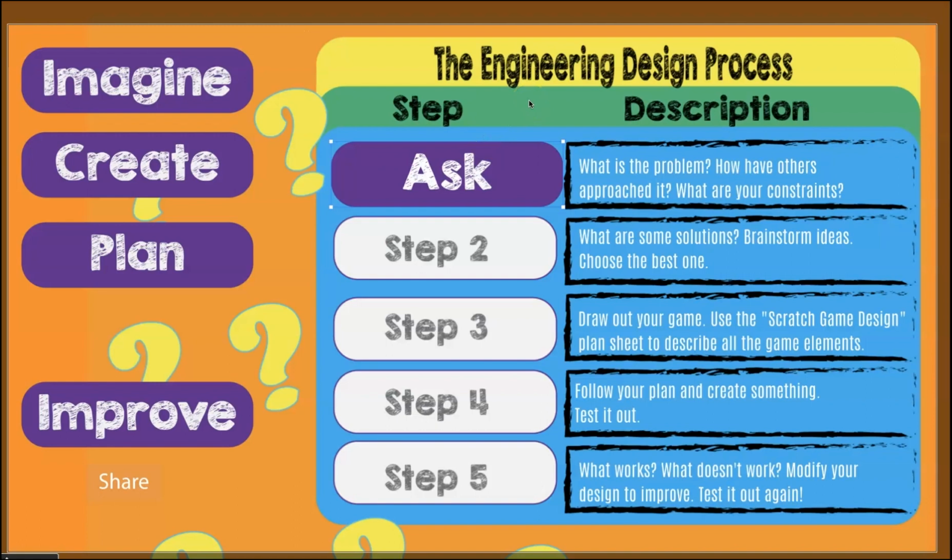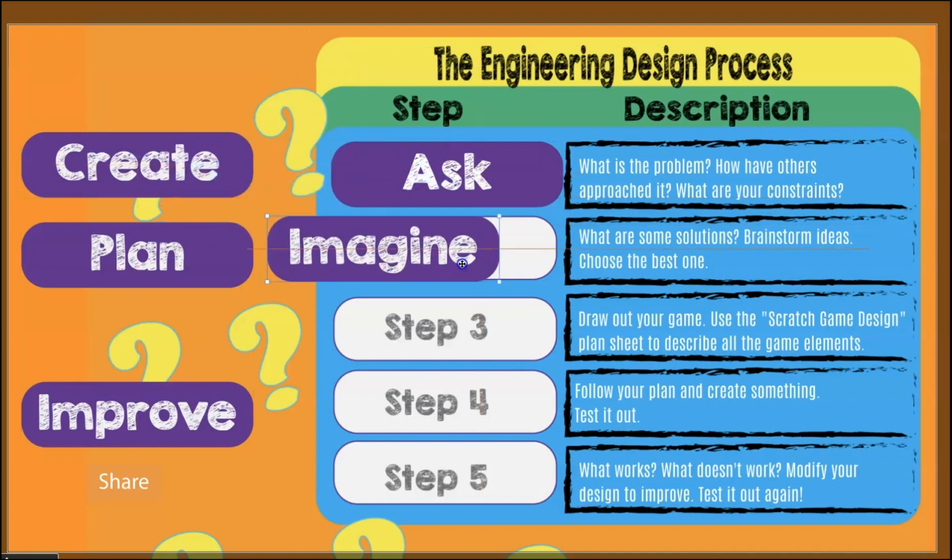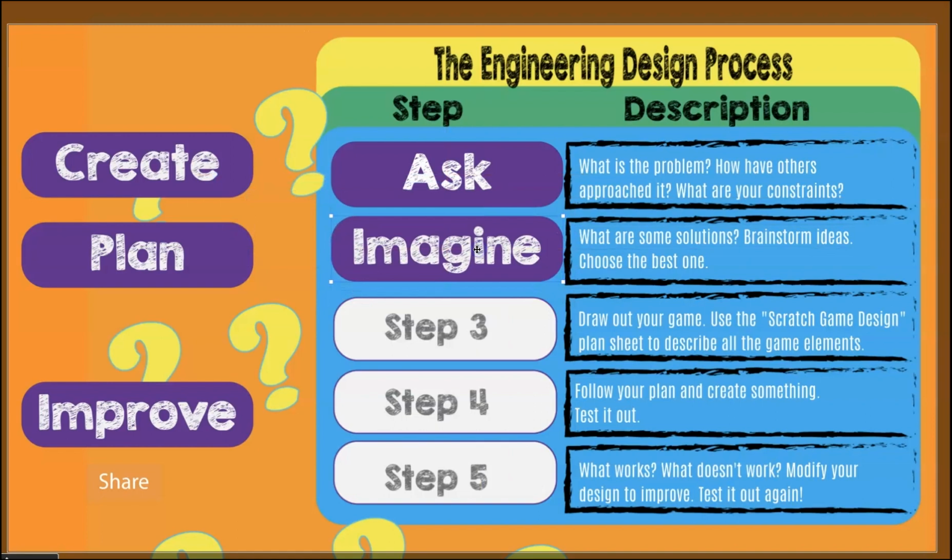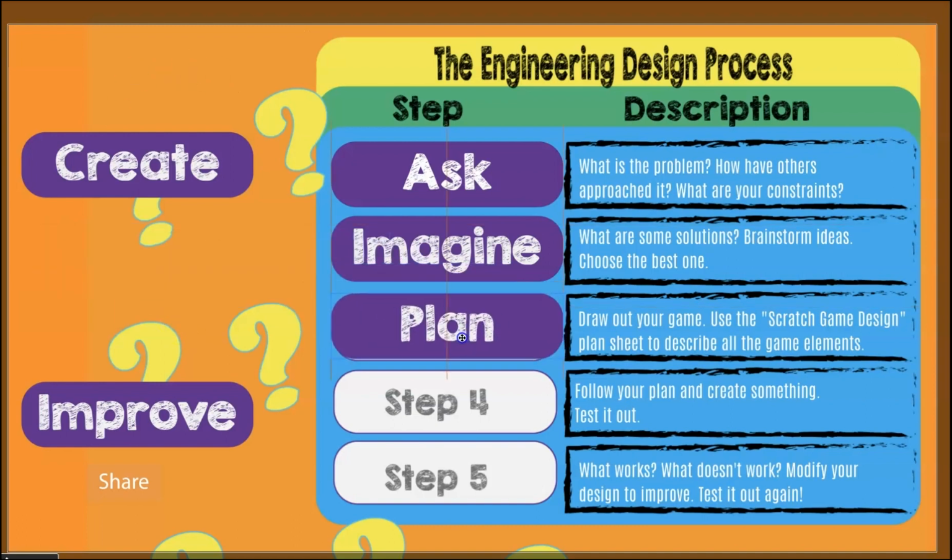Brainstorm ideas and choose the best one. Imagine. Step 2. Step 3, draw out your game. Use the Scratch Game Design planning sheet to describe all of your game's elements. That was plan, step 3.